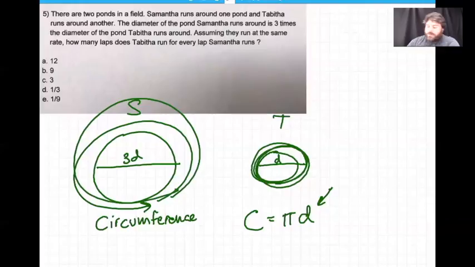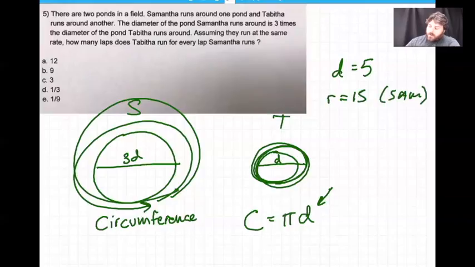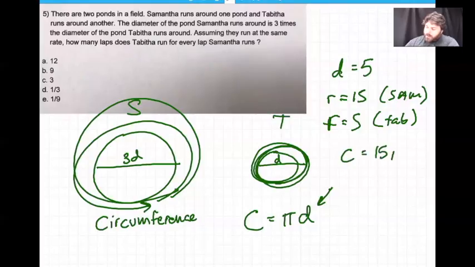Now you could do something like let d equal 5, okay? So Samantha is going to have a radius of 15. That's Samantha. And then Tabitha is going to have a radius of 5, because it's 3 times as big for Samantha's. Then you could plug it into the formula, and you'd get, okay, the circumference for Samantha is going to be 15 pi.